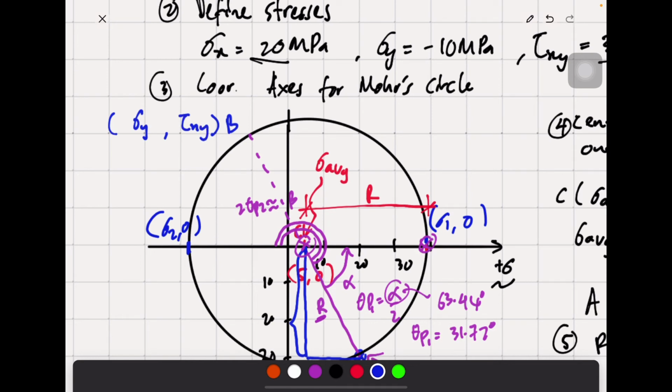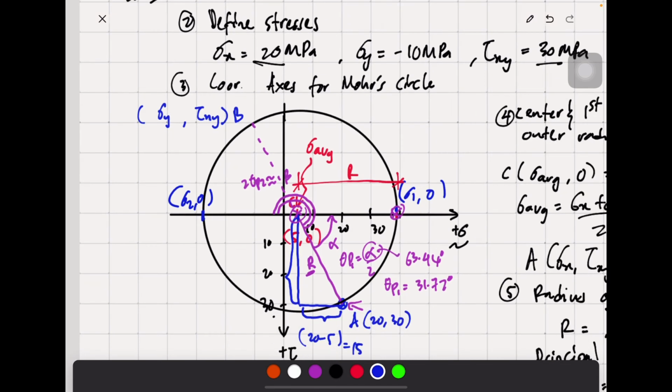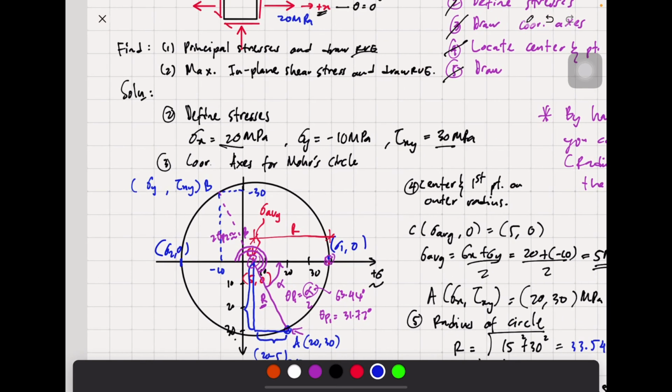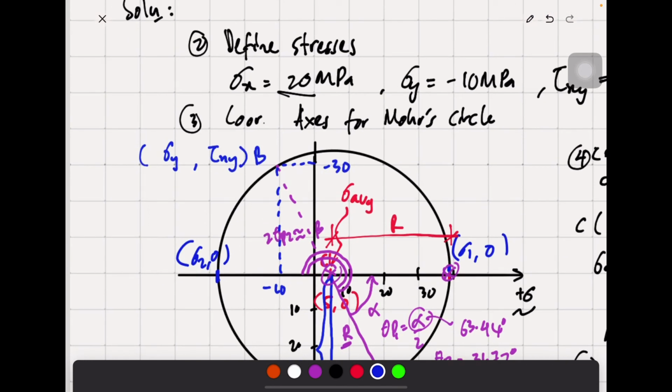Interestingly, point B is on the same plane, and if we draw properly on the graph paper, you will get this coordinate right here: negative 10 and negative 30. So sigma y is exactly the stress element that we are given, negative 10, and negative 30 in terms of shear stress for that point.